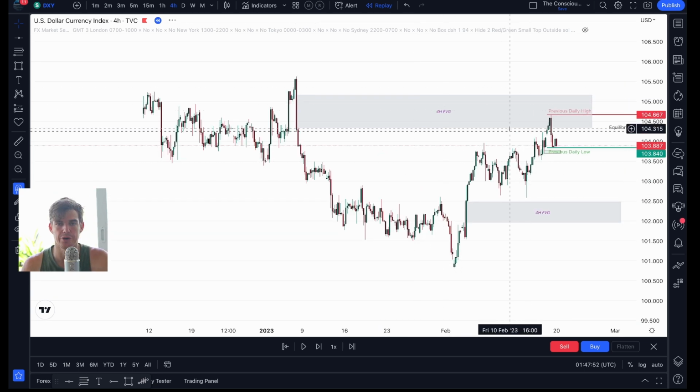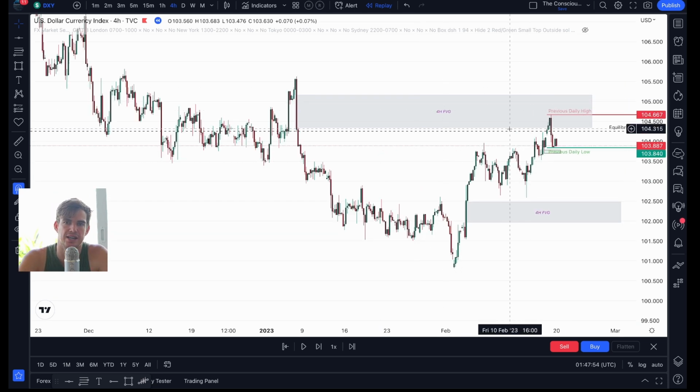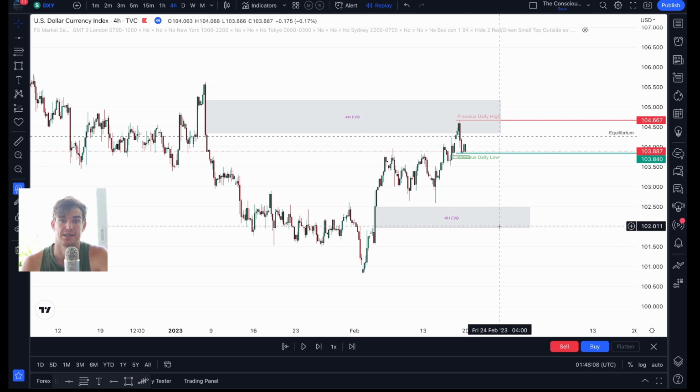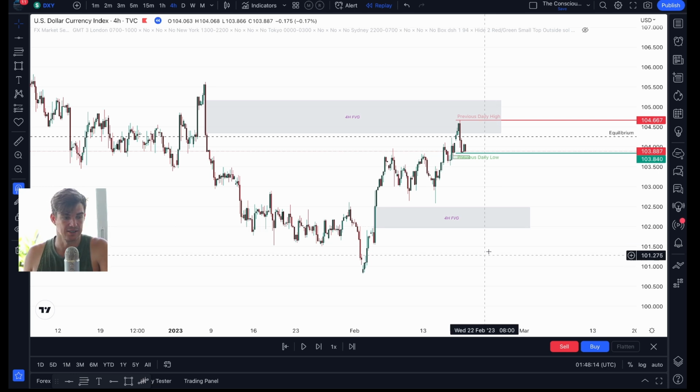If this move is going down and the dollar index is going to get weak because now it's filling this fair value gap and it's coming down, the next draw would be this fair value gap here. Why? Because there were buys that got filled, but it didn't give a lot of opportunity for a lot of people to take part in buy opportunities, or they're waiting to get repositioned to go long.